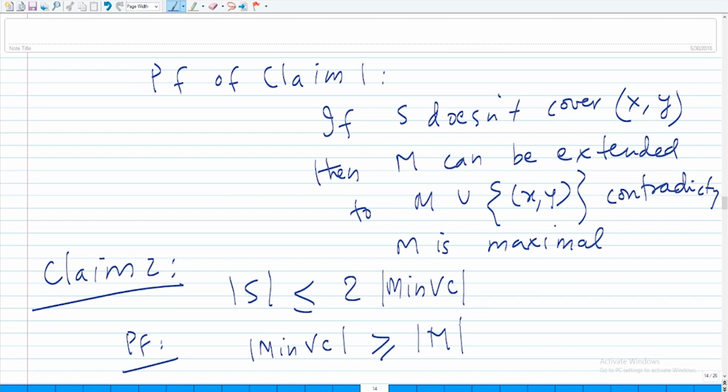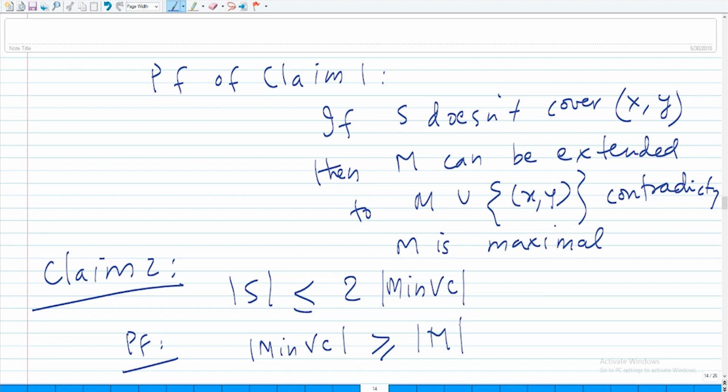Why? Because a matching is a collection of disjoint edges. Each edge needs to be covered. So, you need to pick at least one from each of the edges, and one vertex will not cover other edges because these are disjoint. So, each vertex will cover only that edge. It may cover a lot of other edges not in the matching, but for edges in the matching you need at least one from each of the edges.